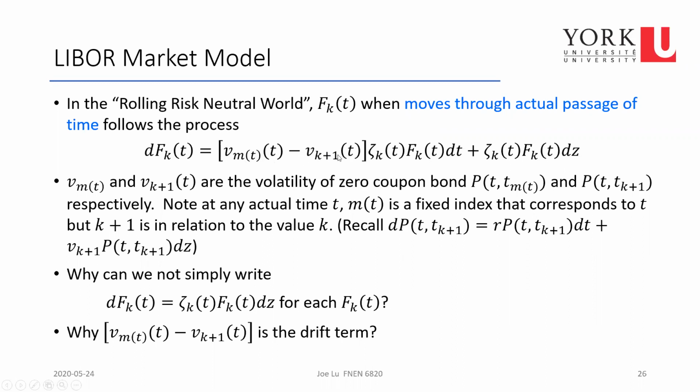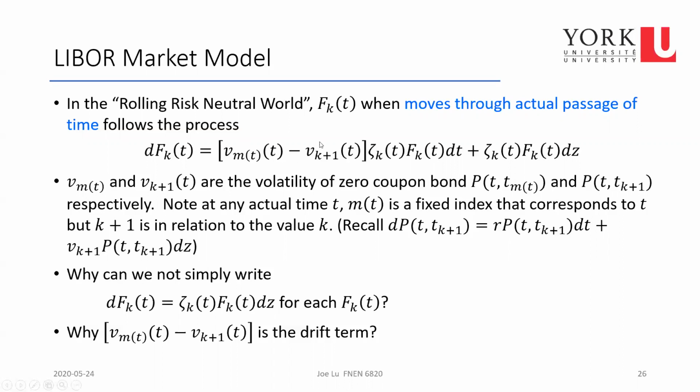Unless the little t crosses the reset time, this v will be constant for a period of time, even though your little t is moving forward in time. But once that little t moves across a reset time, this m will take on a different value, then this v will take on a different value. Then you have a jump here in the drift term. So all of a sudden you have a jump.